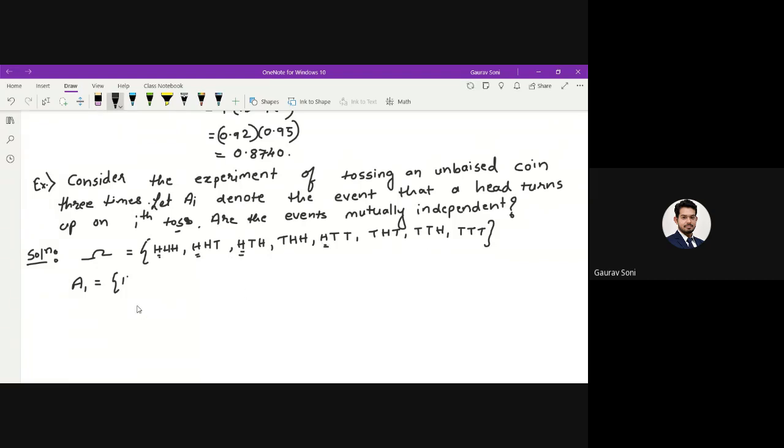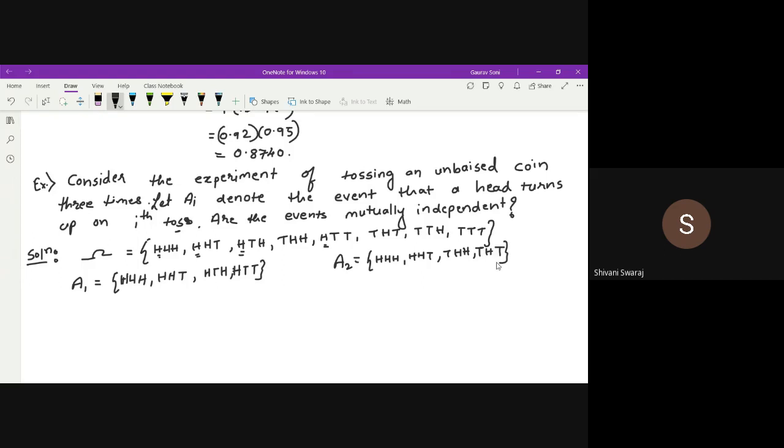So there are 4: head, head, head, then head, head, tail, and so on. For A2, where H comes in the second toss: HHH, HHT, THH, and THT.